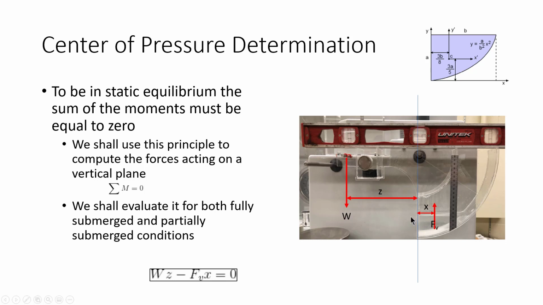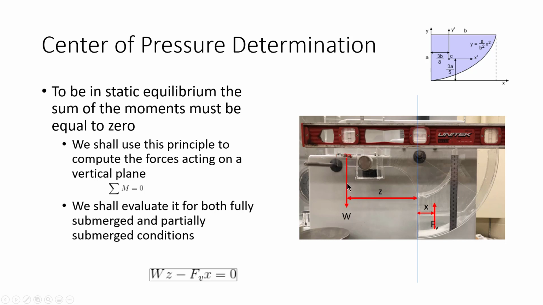The way we are going to do this experiment is we are going to add water to this reservoir here, and as we add water, the water will start to create a clockwise movement, and we are going to counterbalance that by putting weights on the other side.